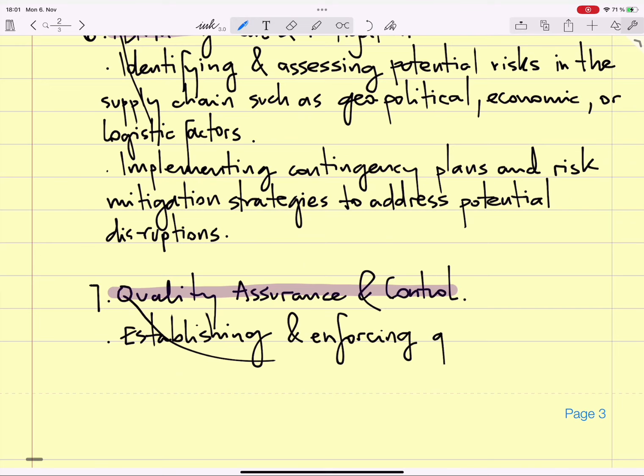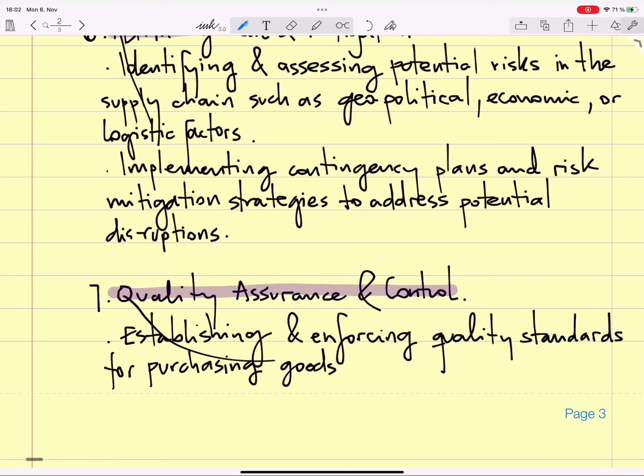Okay, quality standards. Think about the audits. The audits is just the first step, and the continuous improvement that you need to install, I guess, in the supplier organization. So standards for purchasing goods and services.